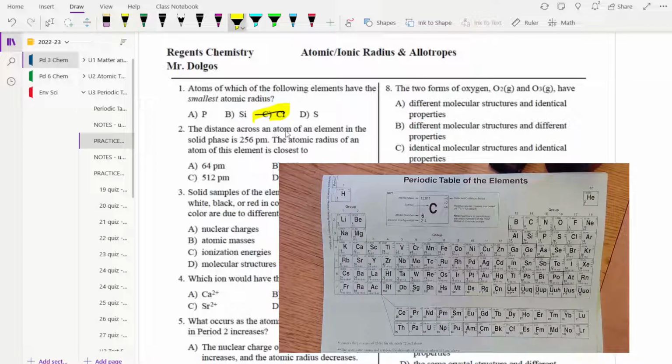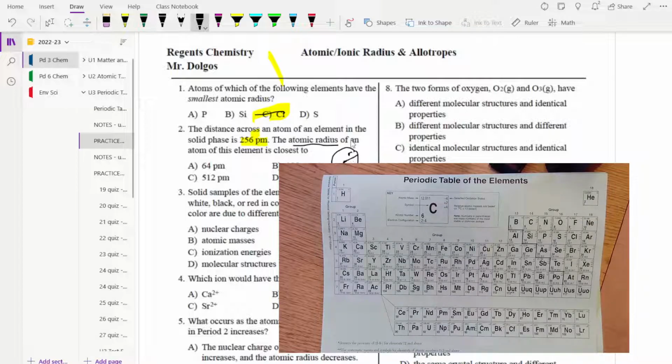Okay, the distance across an atom of an element in the solid phase is 256 picometers. The atomic radius of an atom in the element is closest to, all right, let's understand this. What is the radius? If we have an atom that is spherical, the radius is the distance from the center to the outside edge.